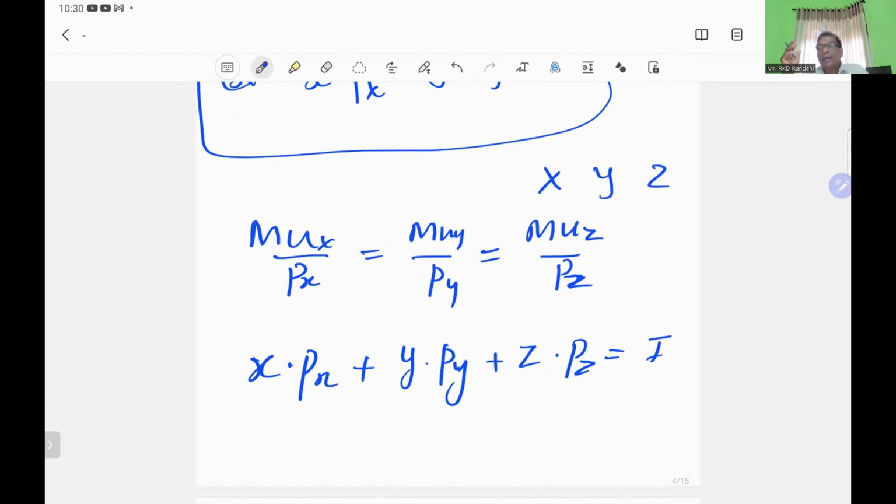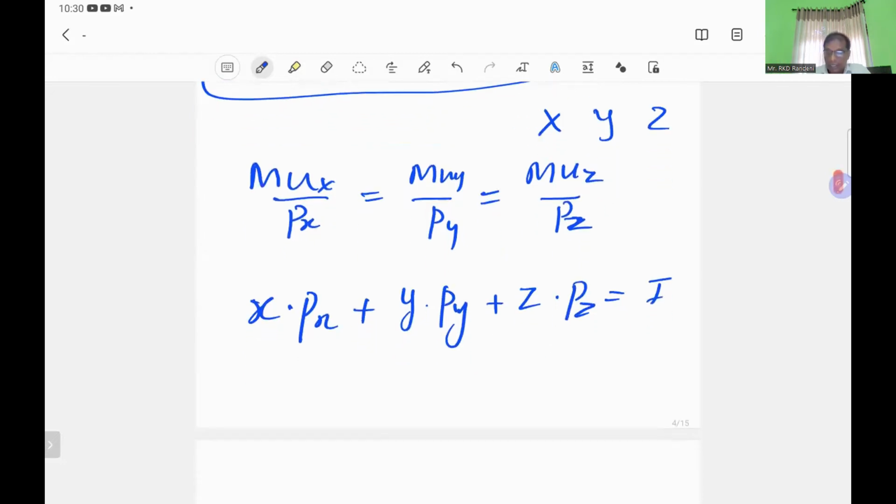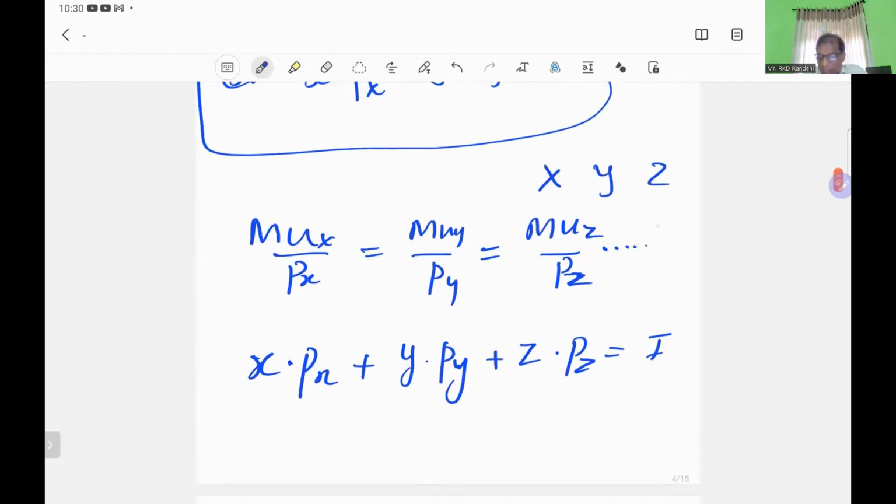Likewise, you can write these two conditions for five commodities, or any number N of commodities. Then MUN/PN, and plus N into PN equals I. You can consider any number of commodities.